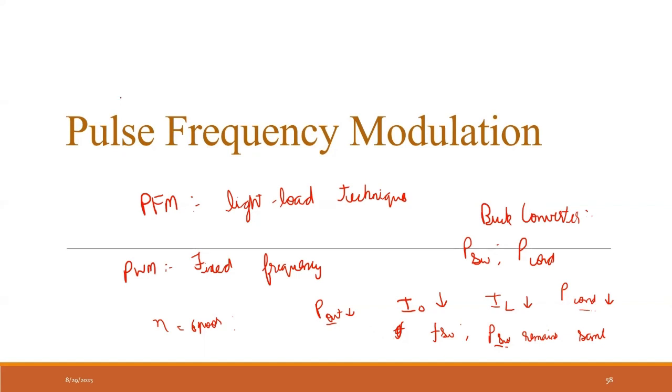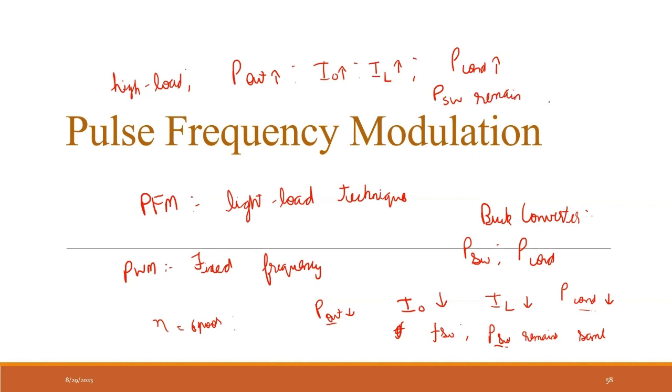But in normal high load condition, what happens? My output power is high, so my output current is high, and my inductor current is high. My conduction losses are also high, but my switching losses remain the same, because I'm doing pulse width modulation at fixed frequency.